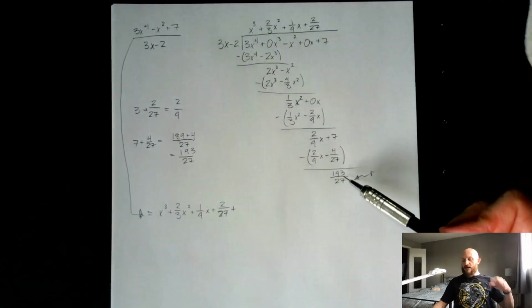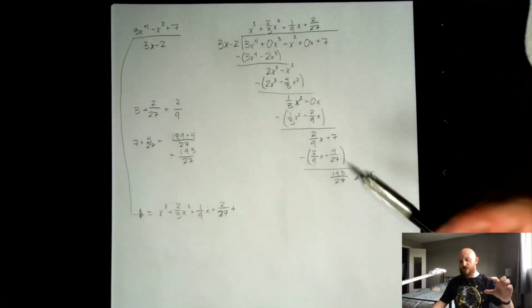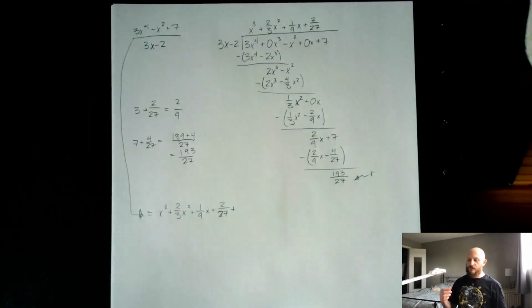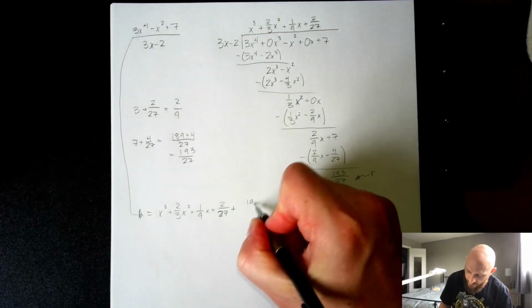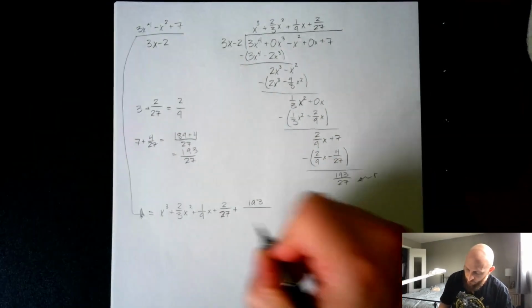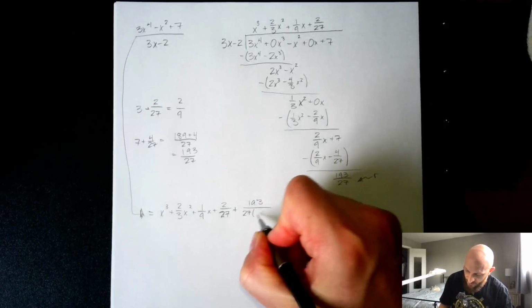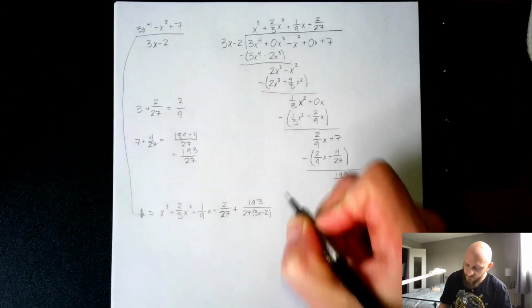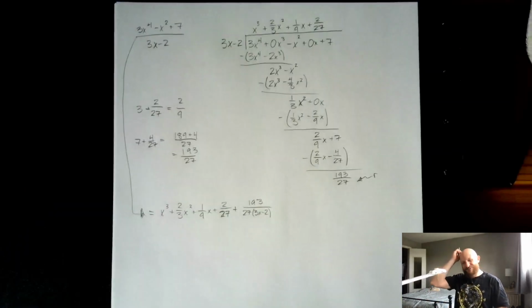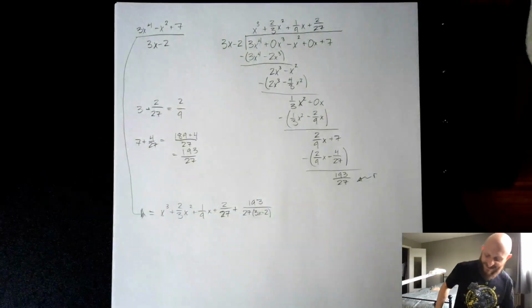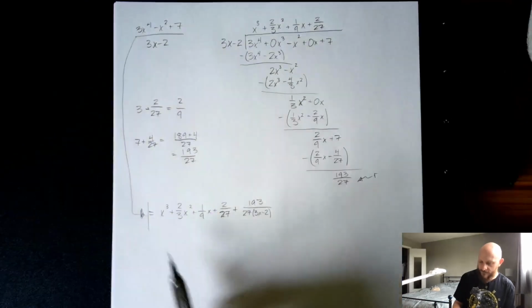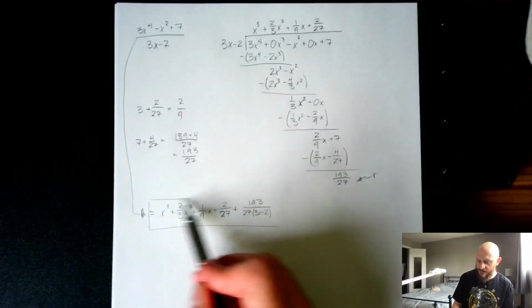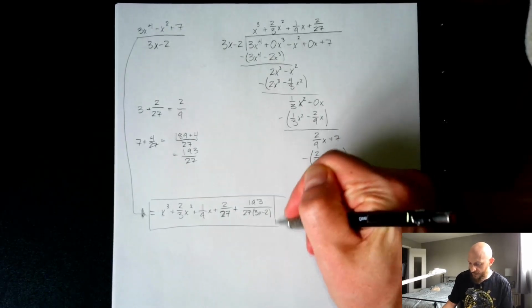It would be 193 over 27 divided by 3x minus 2. So plus 193 over 27 times 3x minus 2, right? Hopefully I did my math right. This is the trouble of doing things on the fly, especially with math, because if you say something wrong as a math teacher, it just confuses everybody.